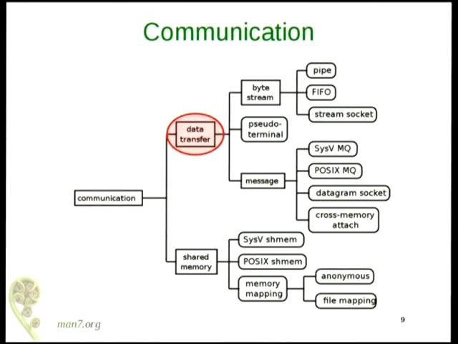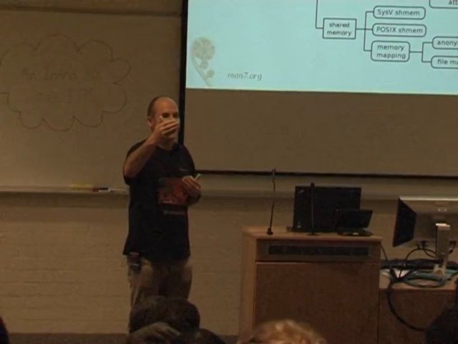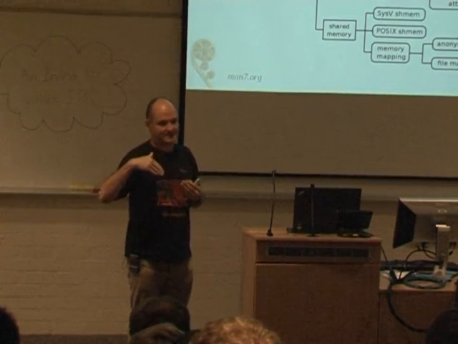So if we try and break that taxonomy down a little bit further, there's a whole bunch of communication methods, which again I've tried to break down into categories. Broadly, 2 main categories: data transfer methods, which are about writing data from one process and reading it into another. So there's a transfer involved where user space sends the data to the kernel and then another process gets that data from the kernel.